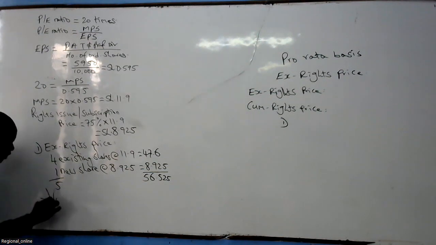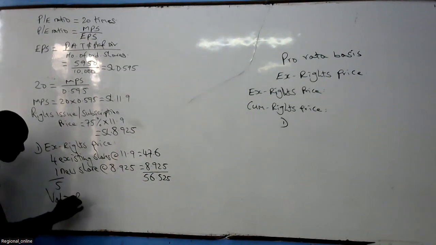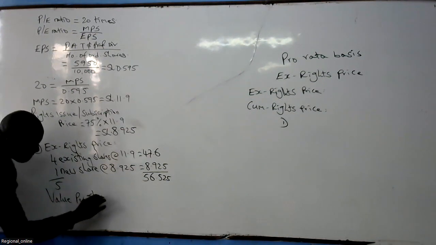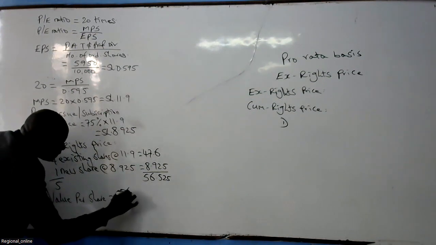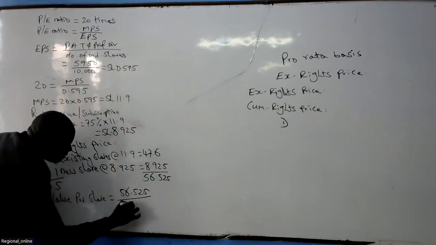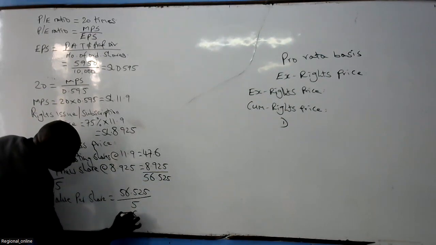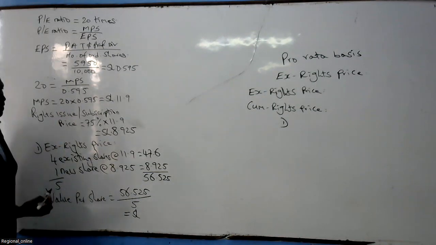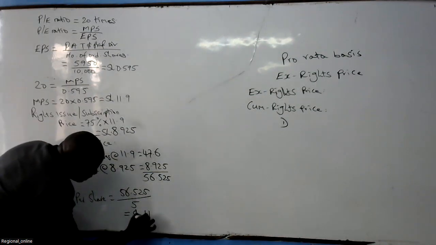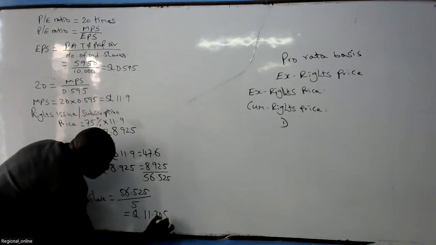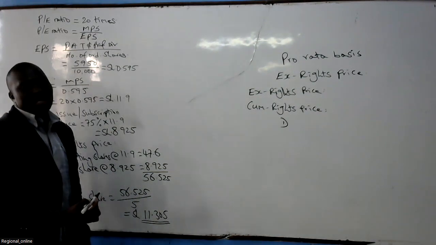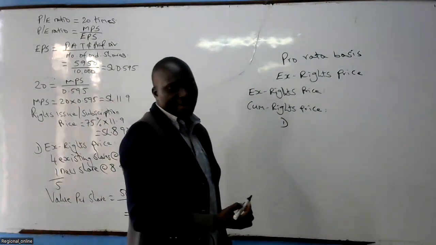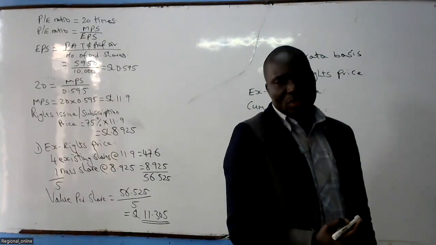Can we have the value per share? 56.525 divided by 5. How much is that? 11.305. Then you do the ex price.